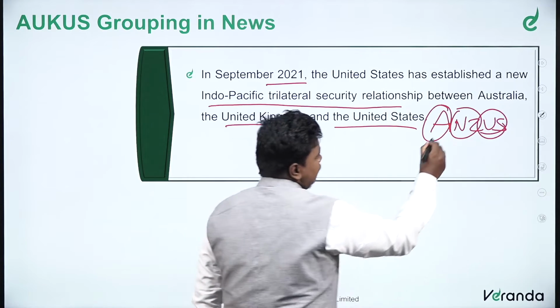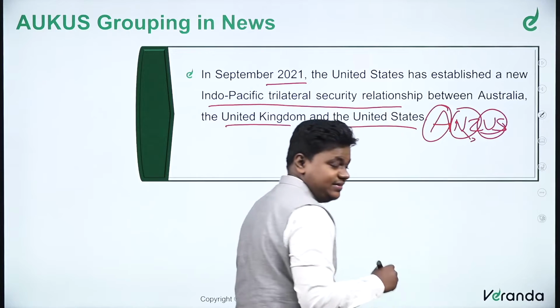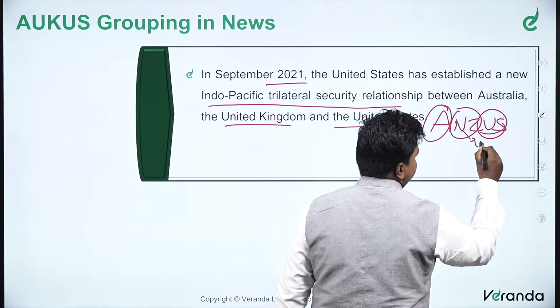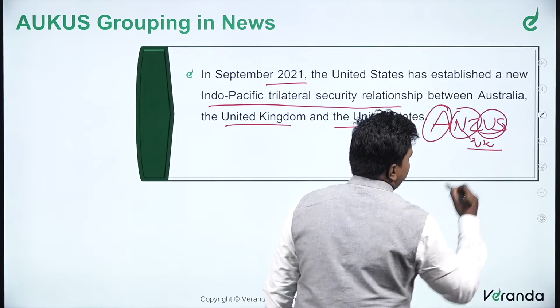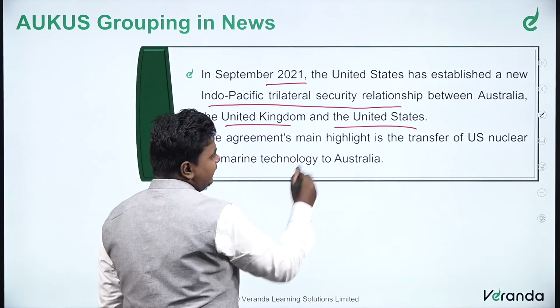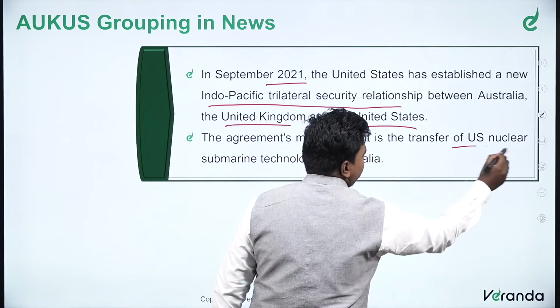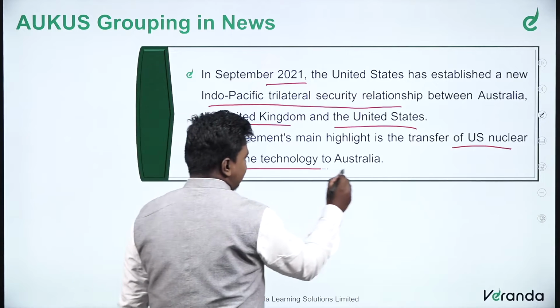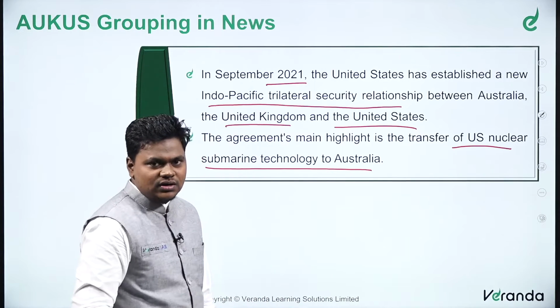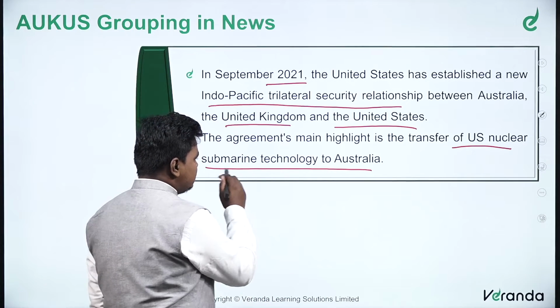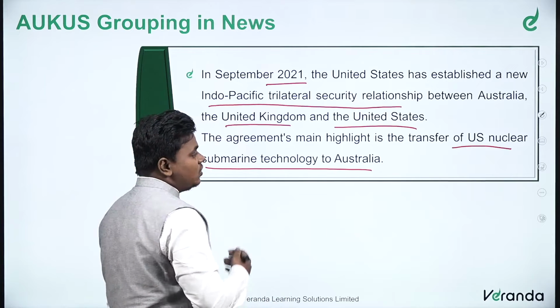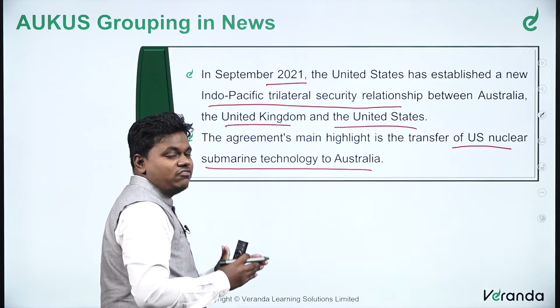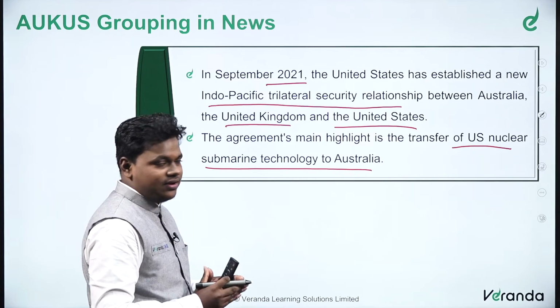Now New Zealand has been left out of this grouping and UK has been added. That is why it is AUKUS. The agreement's main highlight is to transfer US nuclear submarine technology to Australia. Why is nuclear technology in news now? Why is nuclear technology being transferred to Australia? Because of the massive fleet of China in this region.